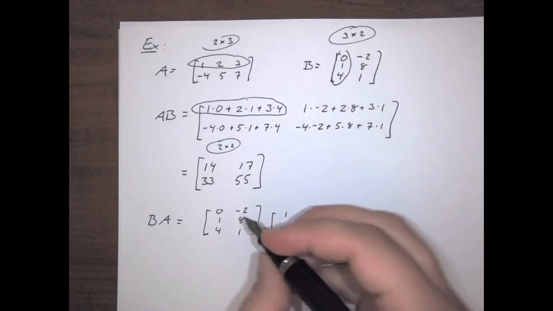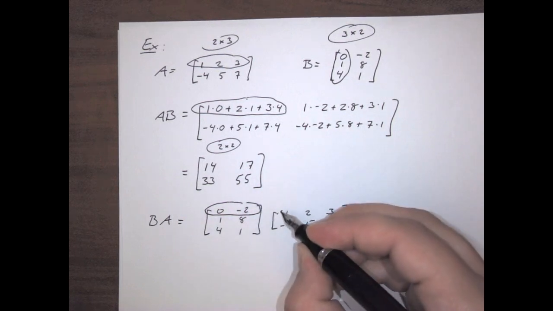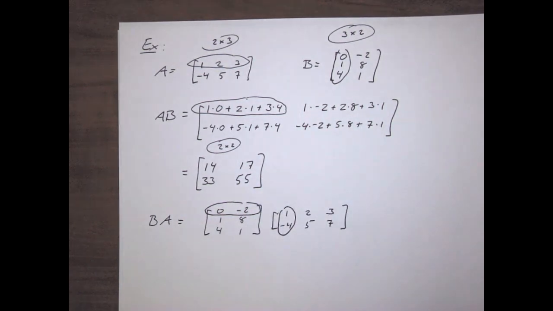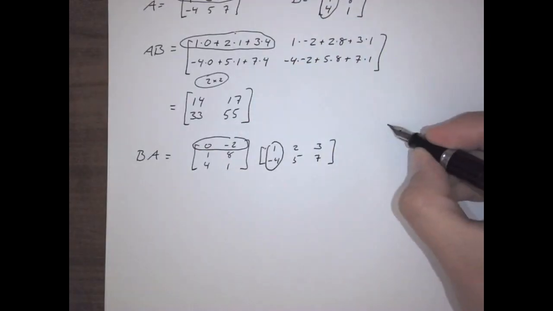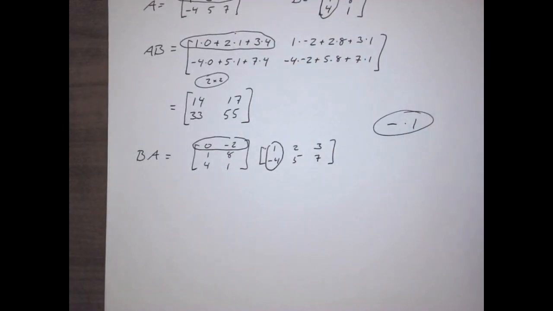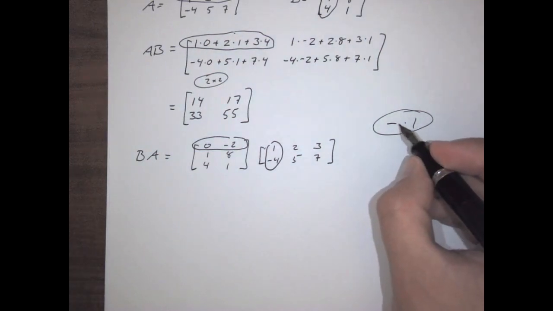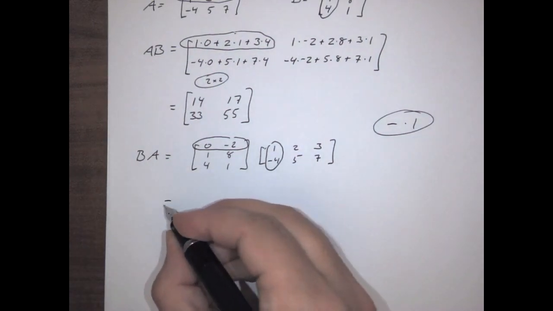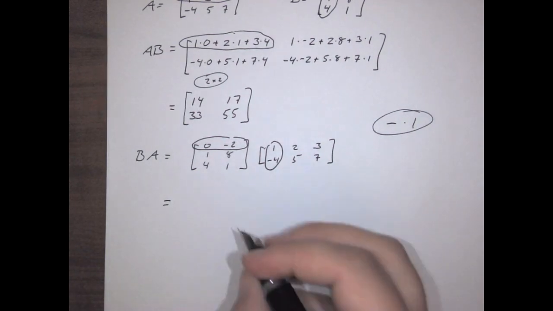So now it's going to be a matter of matching rows of B with columns of A. We always go rows to columns. Row dot column, that's the philosophy. It's nice to always remember row with column.